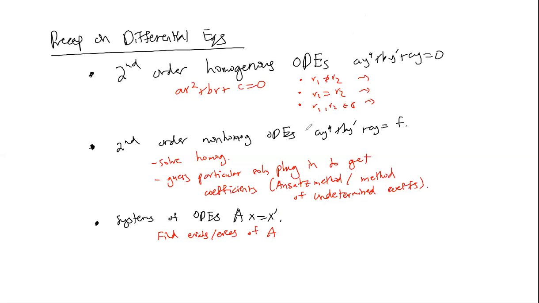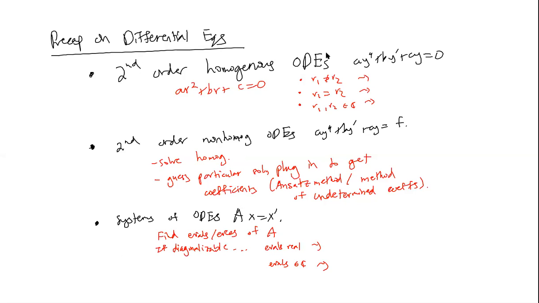And if the eigenvectors or eigenvalues are real, you get different solutions. What else have we talked about? We didn't really talk about systems of non-homogeneous ODEs, so we probably won't stress that.